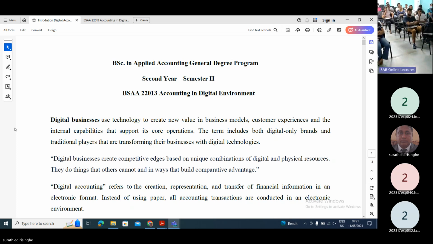The existing way of handling the business, business industry people use technology to create new values through digital and online business.